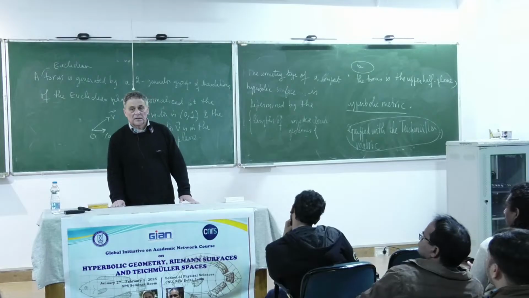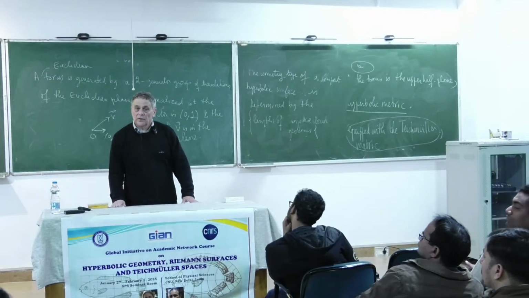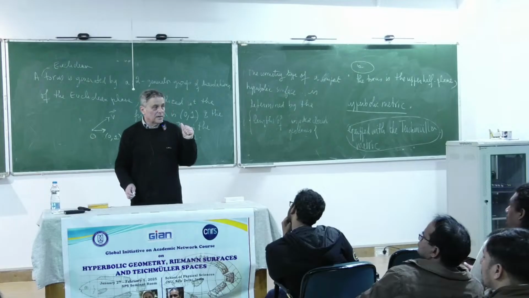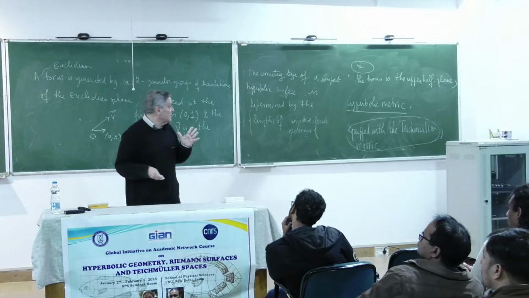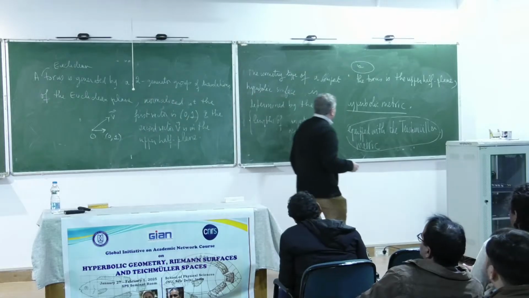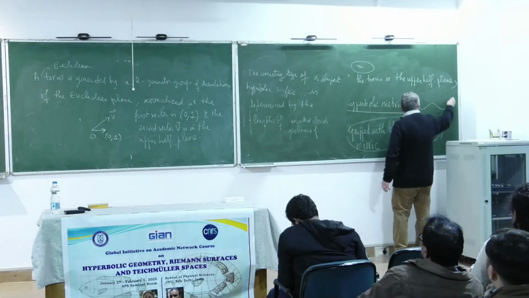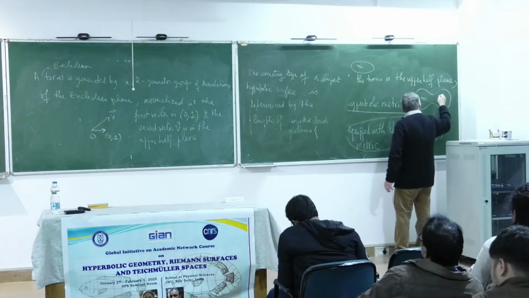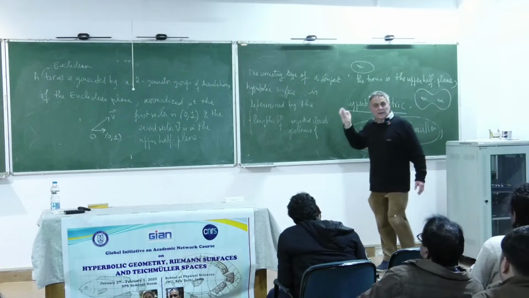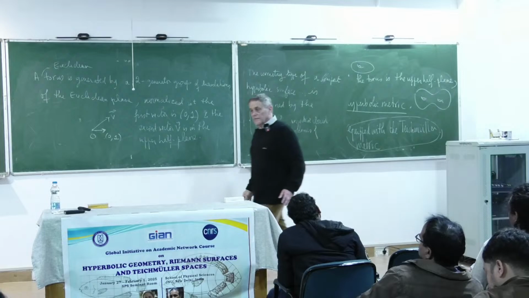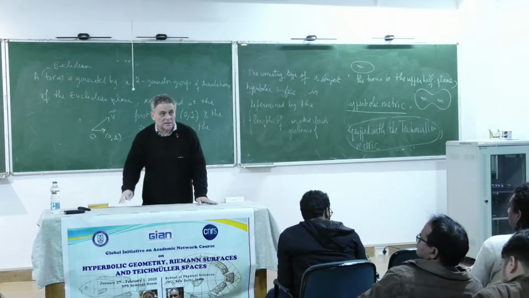So you study all surfaces together? No. You study one surface, for instance, a surface of genus 2. But you study all the possible hyperbolic metrics on the surface. Yes, all of them together, but on a fixed topological type.